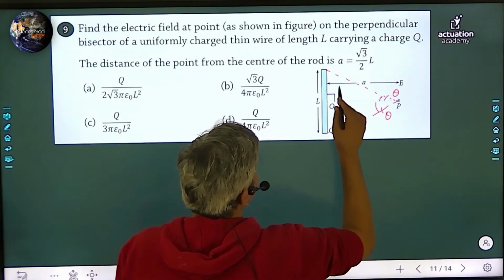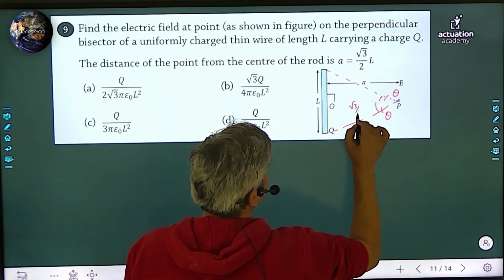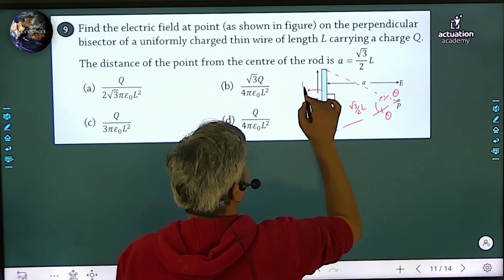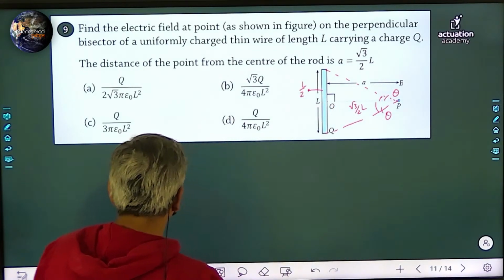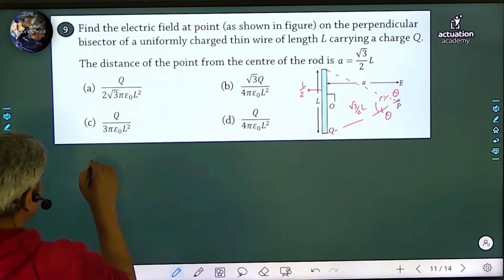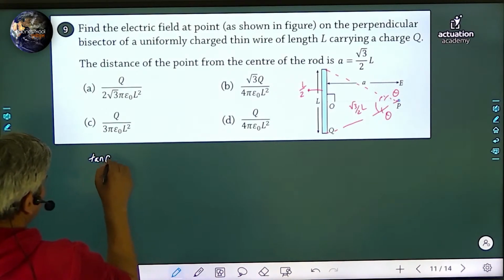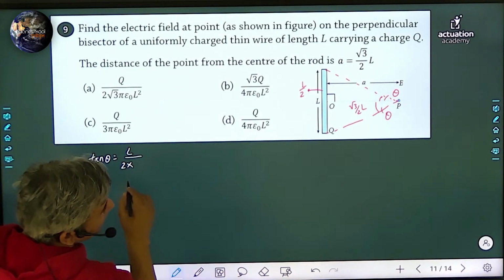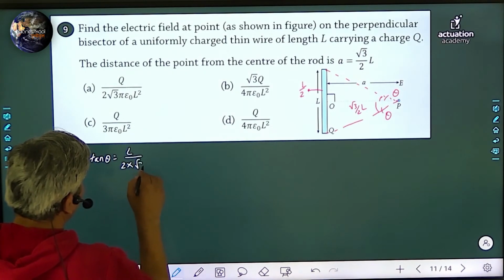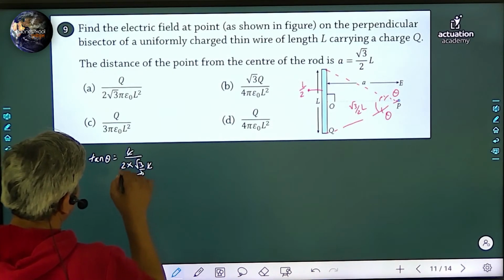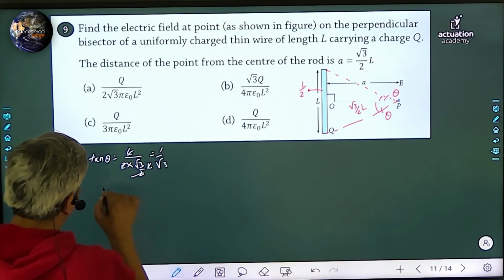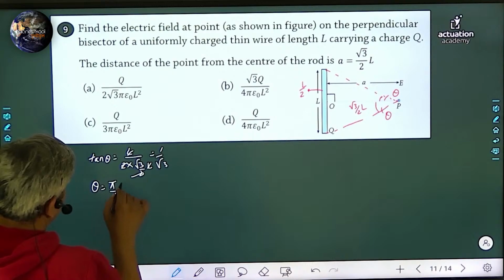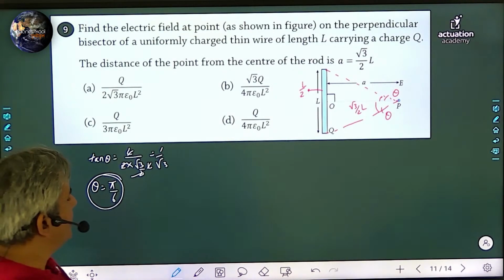We can easily find theta because the perpendicular distance is root 3 by 2 L and the half length is L by 2. So tan theta is simply L by 2 divided by root 3 by 2 L, which is 1 by root 3, and theta is pi by 6.